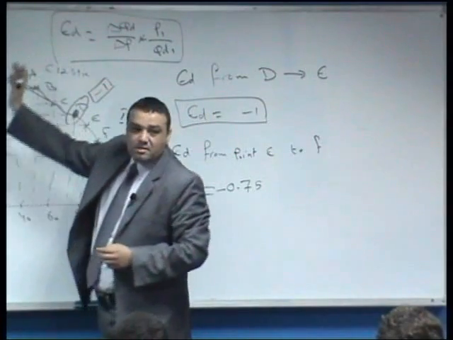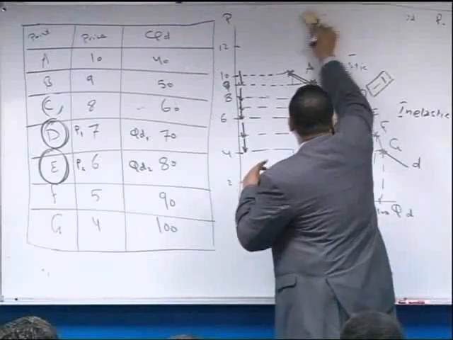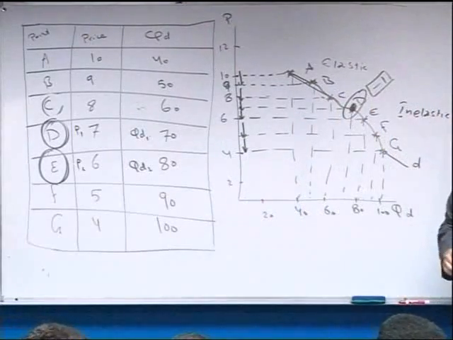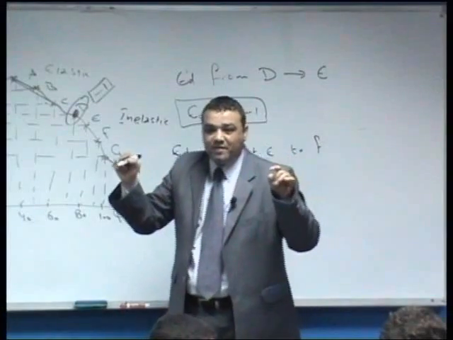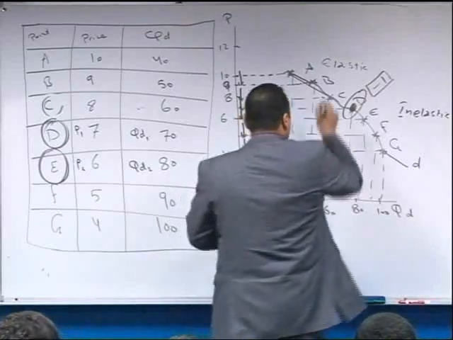At the elastic part, the absolute value of the price elasticity of demand is greater than 1.